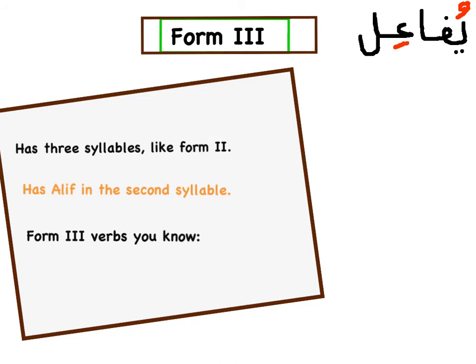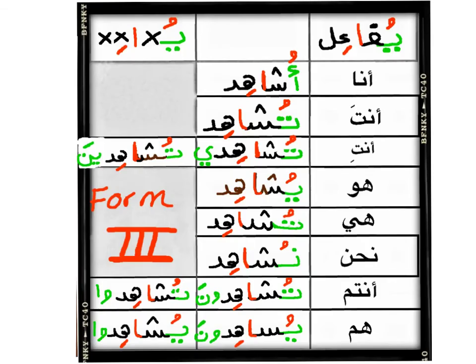Form 3 يفاعل. Form 3 has 3 syllables like Form 2 and it has an alif in the second syllable. So if you observe this pattern, يفاعل, you'll see that all you need is the conjugation prefix, the vowels, and the alif.